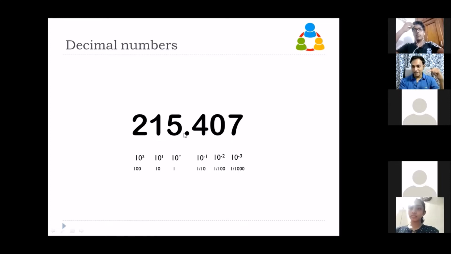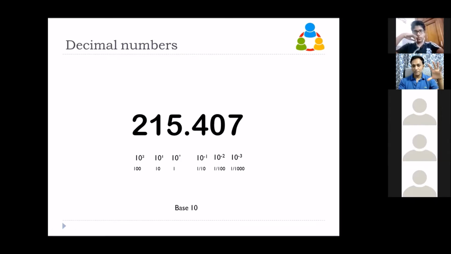In a binary system, the first one is 1 by 2, next is 1 by 2 square, next is 1 by 2 cube, next is 1 by 2 raised to 4. Here also, the first one is 2 raised to 0, second is 2 raised to 1, then 2 raised to 2, then 2 raised to 3. Whether it is 60 or 10, all follow a similar method. You get that? So this is what we call base 10.